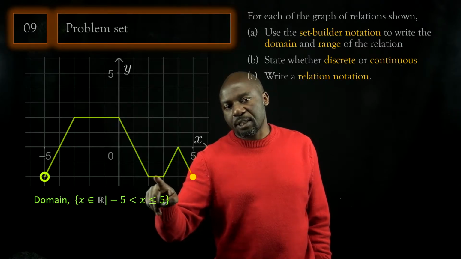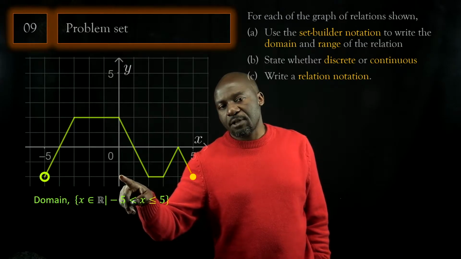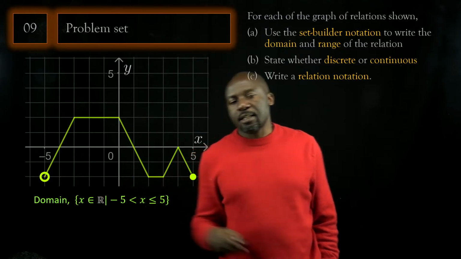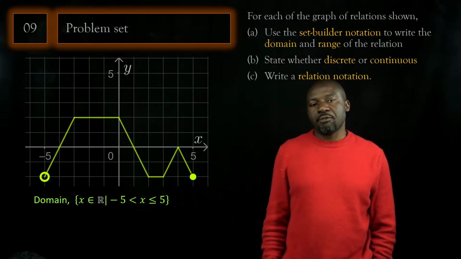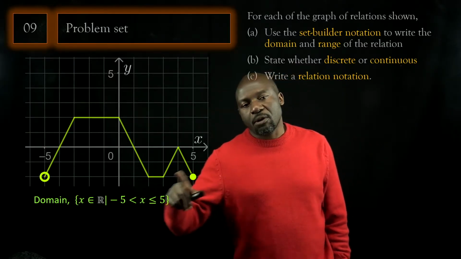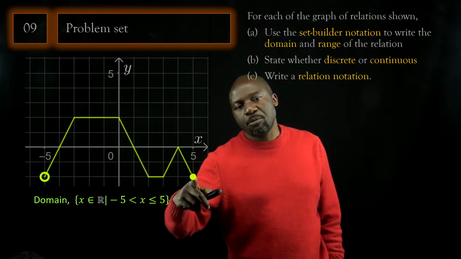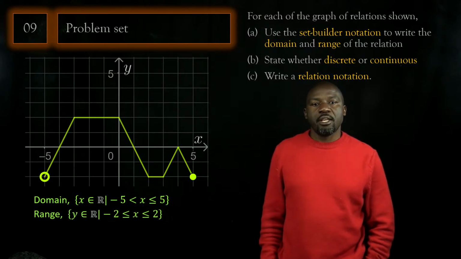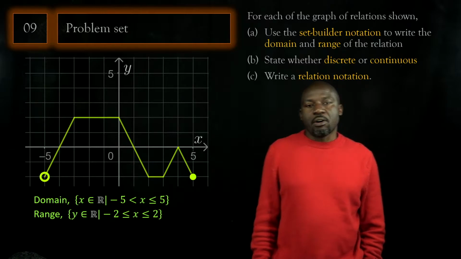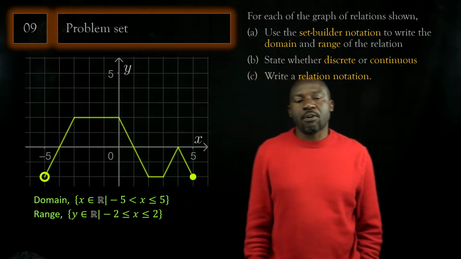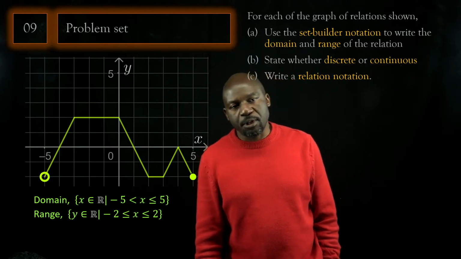This -2 is acceptable, and -2 here is also acceptable, all right? So for that reason, we can ignore that and say that the range falls between -2 and +2 inclusive. Okay, so -2 is accepted because of this part here and because of that part. So there is the range of this relation. So y are all real numbers that fall between -2 and 2, both of which are inclusive.